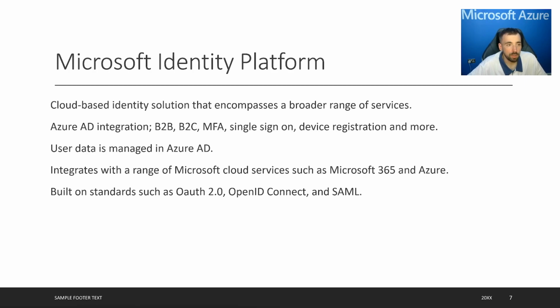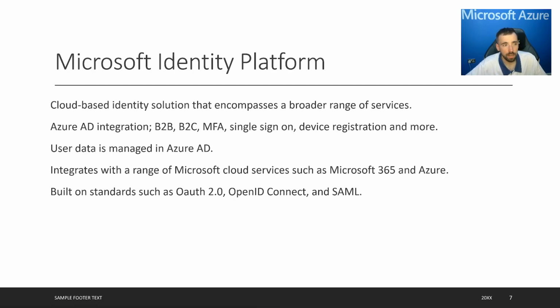So it encompasses a broader range of services. So if you're familiar with Azure AD, a lot of enterprise-grade features around identity and security. It really is enterprise-grade in its capabilities. We've got stuff like multi-factor authentication, conditional access, which controls where you can sign in from. You can say you can only sign in from a corporate device, for example, or behind a certain IP address.